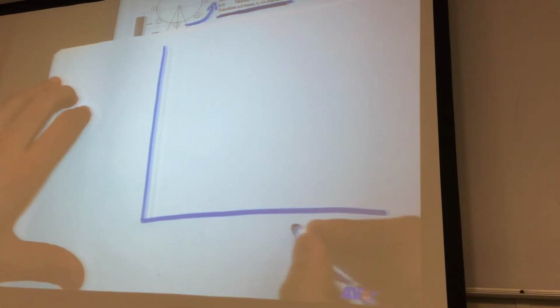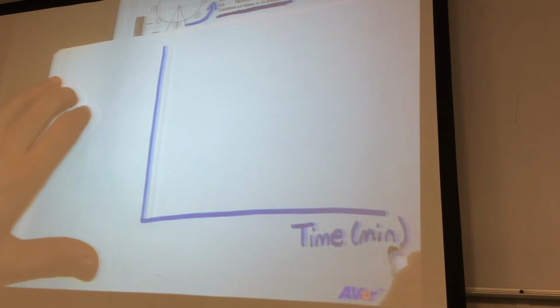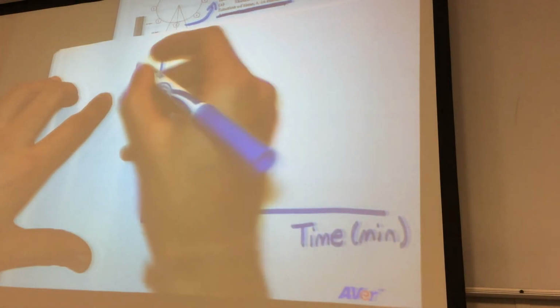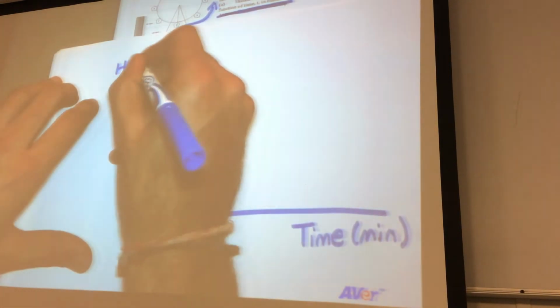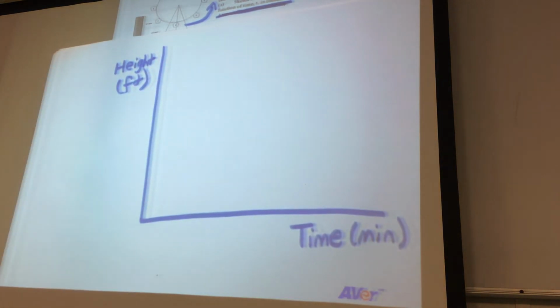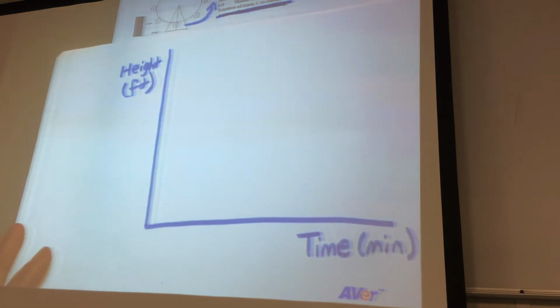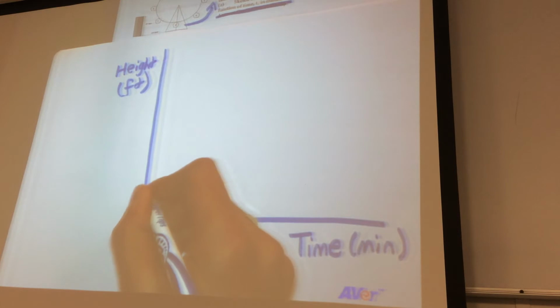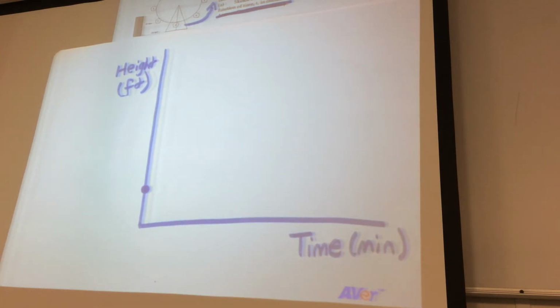We'll call this time in minutes, and we'll call this one height in feet. Now, at time t equals 0, we need to see how high off the ground E is.